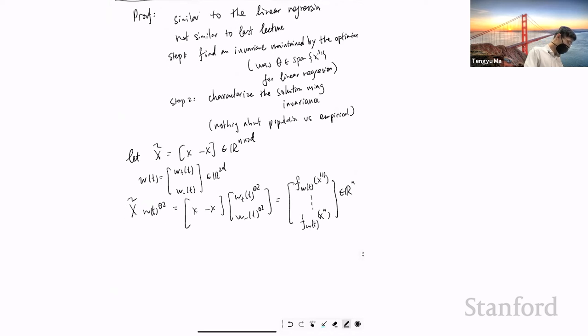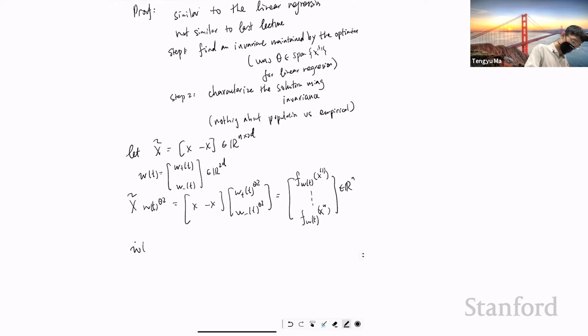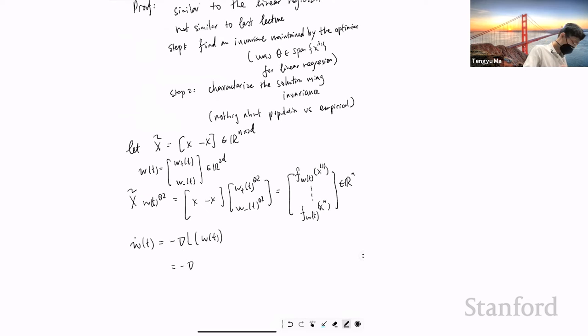I just want to use this so that you have the matrix notation, and now you can compute the derivative, W dot t. This is the gradient because we are doing gradient flow, so this equals the gradient of the loss at time t. And what's the gradient of the loss at time t? The loss function of W_t can now be written as the norm squared of x tilde W_t circle 2 minus y, because I vectorize everything.